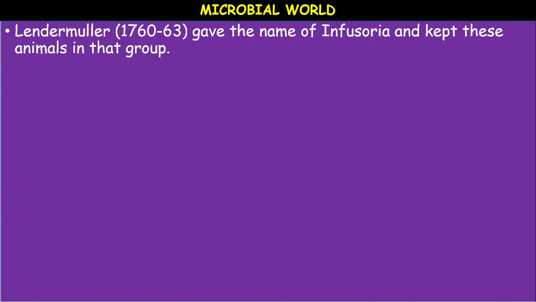Okay, he is a famous scientist who used his own microscopes and studied different biological materials, and he discovered bacteria and protozoa. Lender Muller gave the name of infusoria and kept these animals in that group.